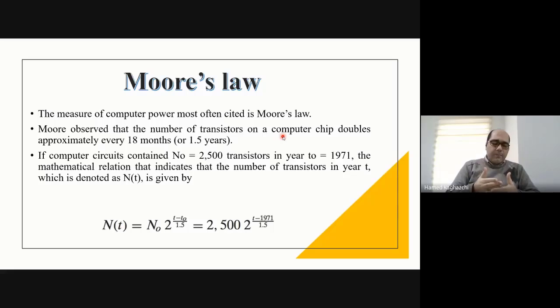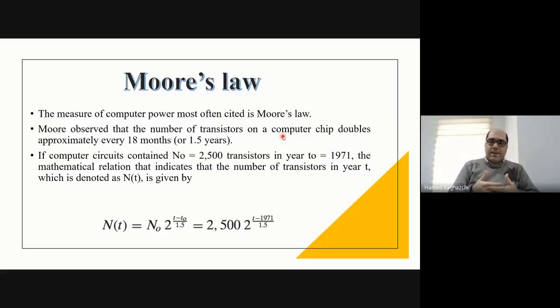He observed that in 1971, the number of transistors in a computer was 2,500. So you make a relation between these numbers and years.